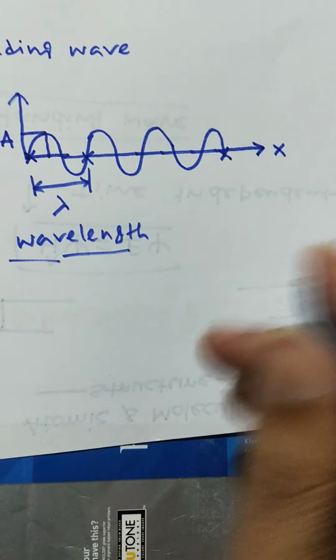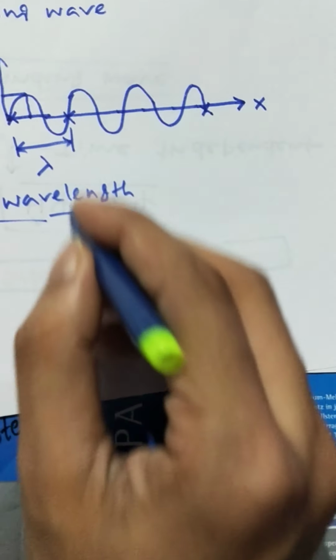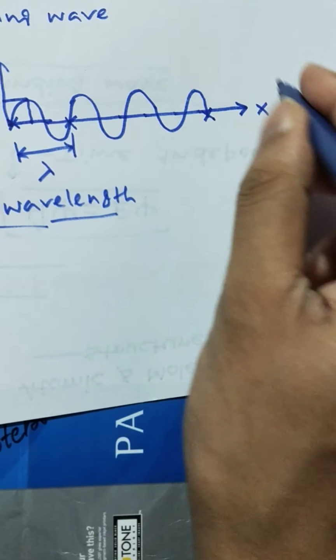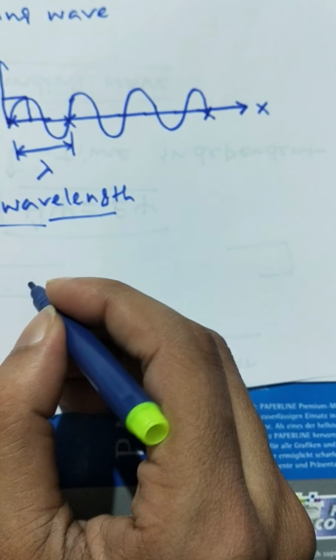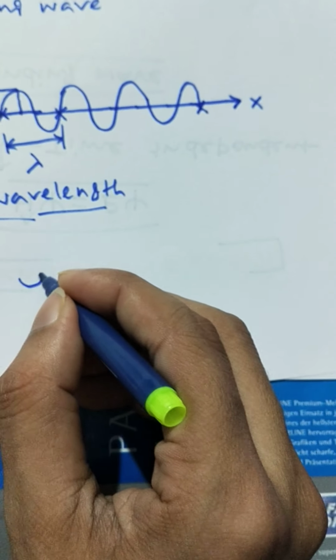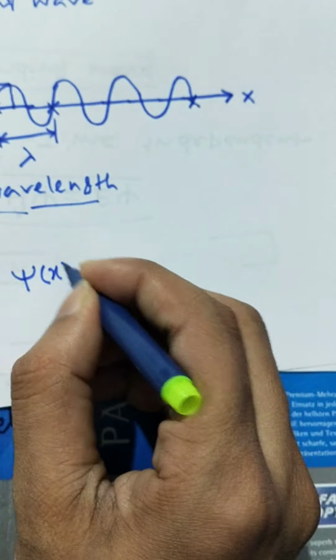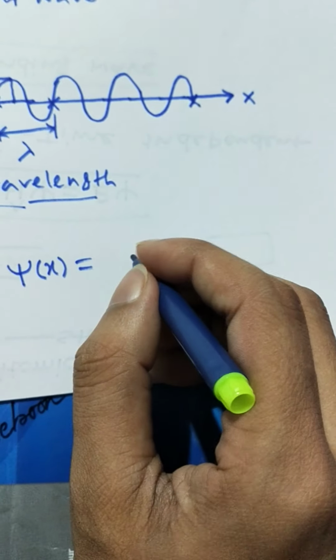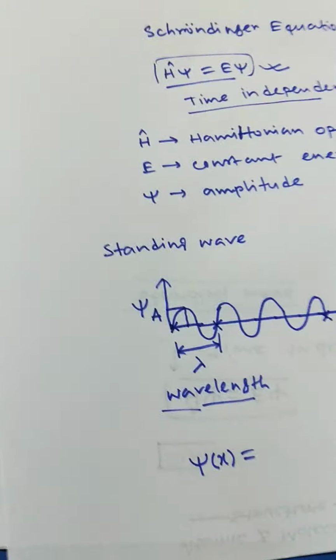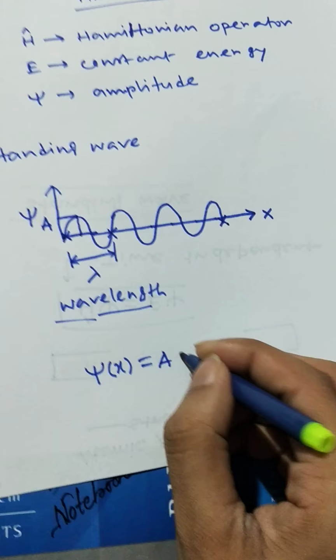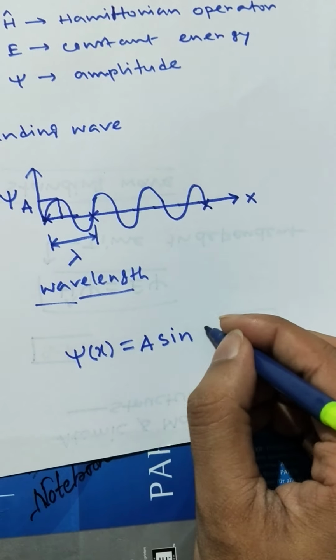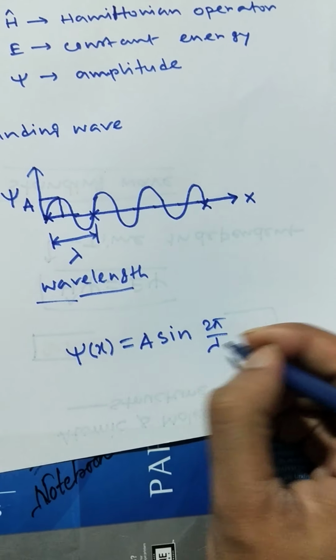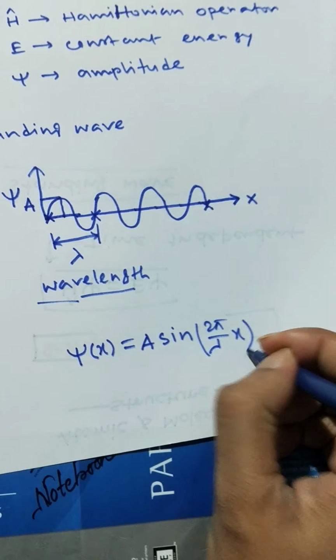So from this wave we get psi of x equals A sine 2 pi by lambda into x.